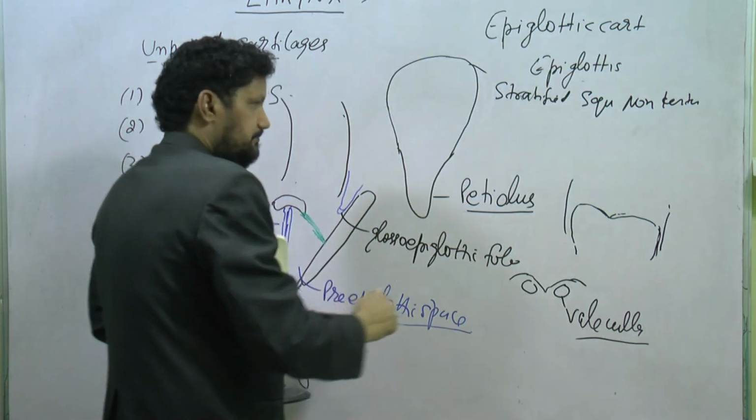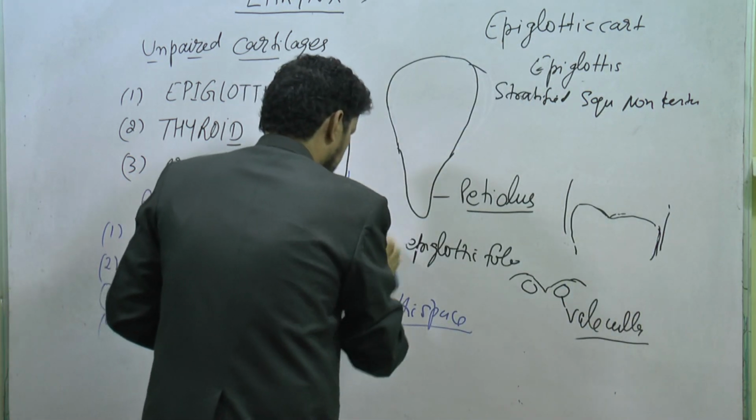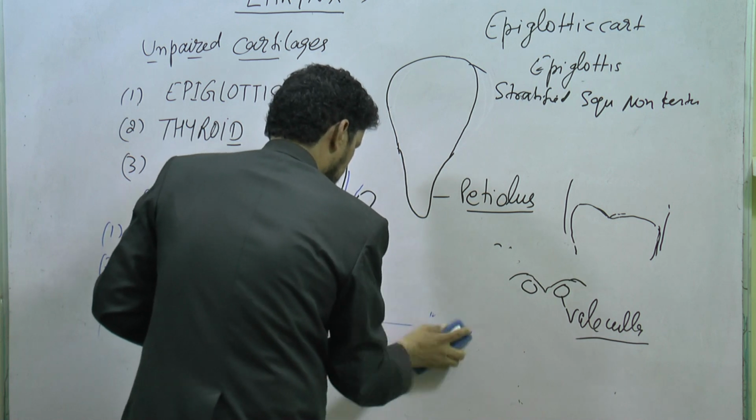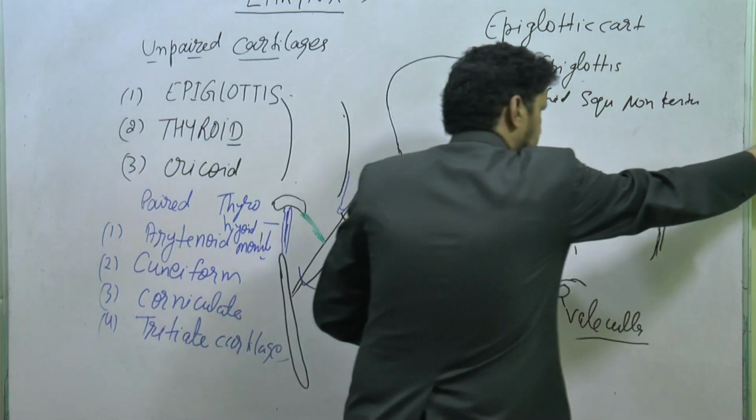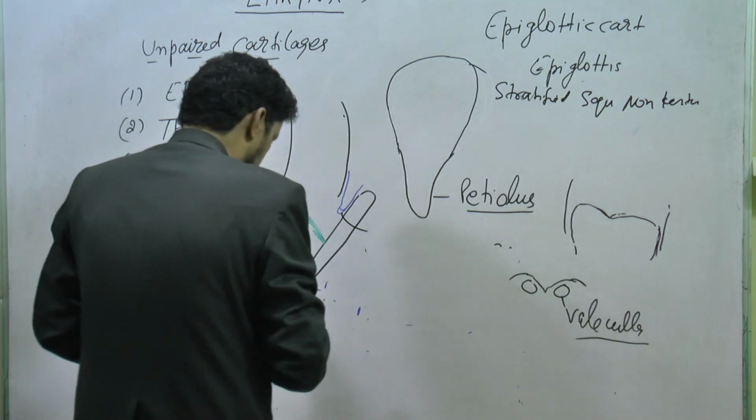This part is forming the anterior-superior wall of the laryngeal cavity, the vestibule.